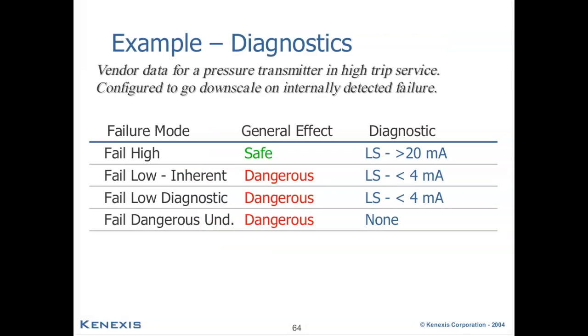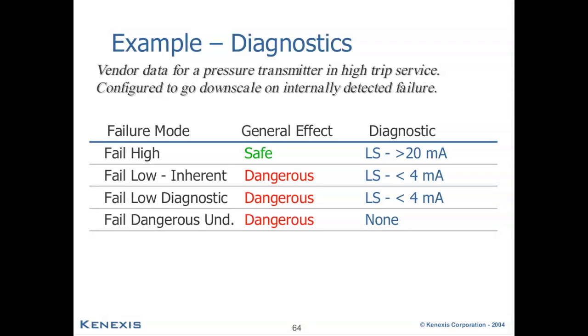So, using another example here of a pressure transmitter, where we may have had several failure modes before that were diagnosed as dangerous, with diagnostics available to us, we can take those failures and monitor whether or not those failures have occurred to the logic solver by detecting an analog signal.